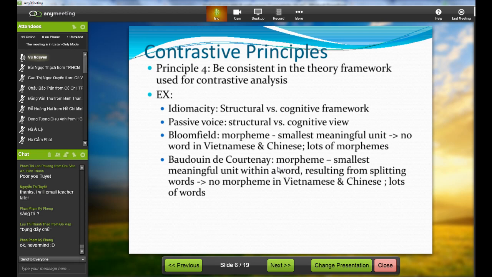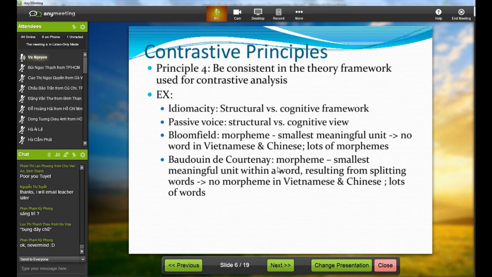So if we look at the idiom in that sense, then the meaning is much clearer, and the symbolic meanings of bucket and kick combined together can help students to understand the meaning. So that is just one example about the difference between structural linguistics and cognitive linguistics in analyzing idioms.